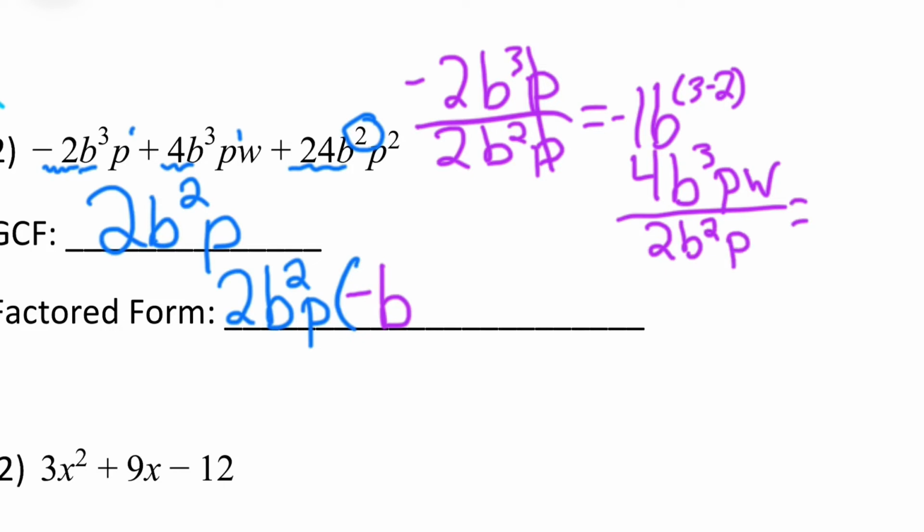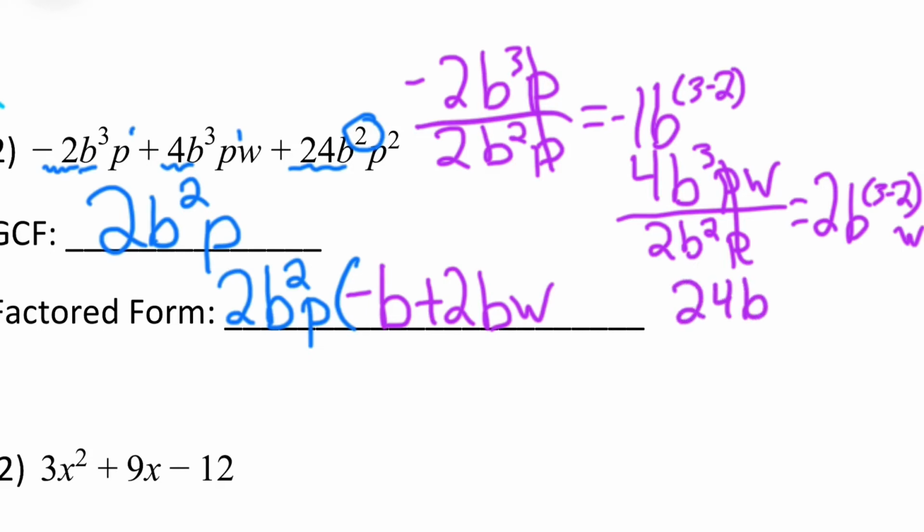We get 4 divided by 2, which is 2. Again, we have our b to the 3 minus 2. P's cancel out, and then we have that lonely w that's included because there's not a w in the denominator to affect it. So we have positive 2 times b times w.